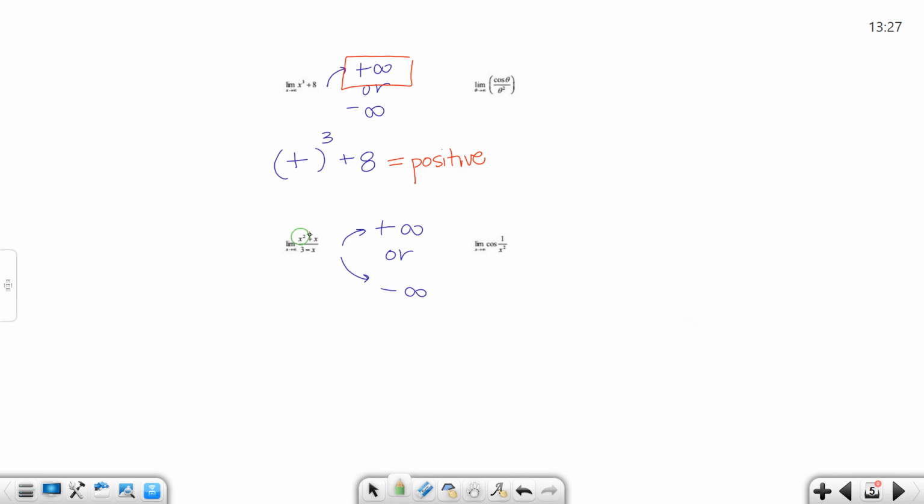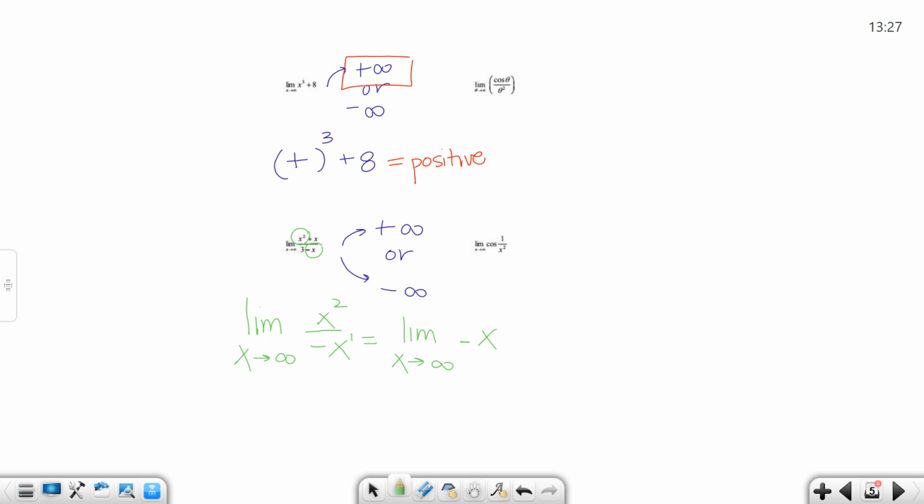Now my leading term in the top would be x squared, and my leading term in the bottom is negative x. So I'm taking the limit as x approaches infinity of x squared over negative x. Cleaning that up, that's the limit as x approaches infinity of negative x. Okay, because I simplified that out.